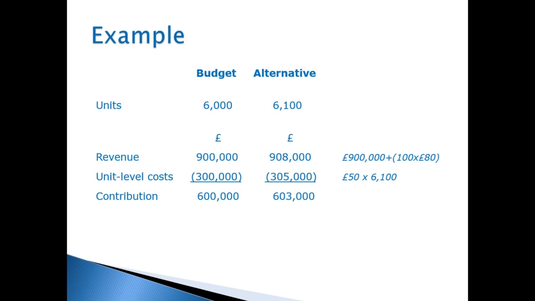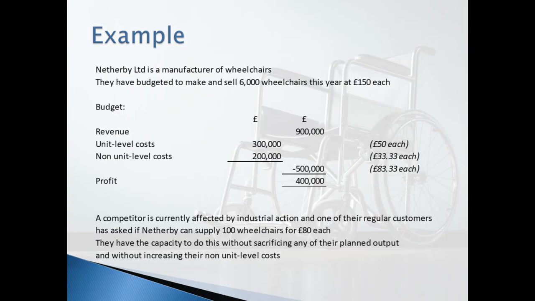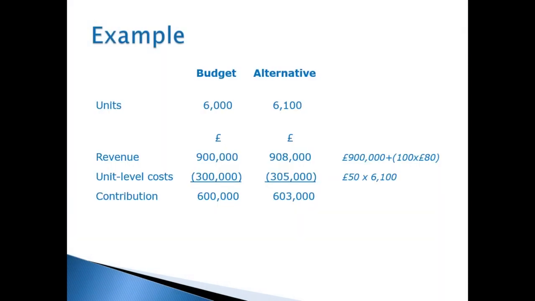We've ignored the non-unit level cost, but the revenue is going to go up by the extra amount they're paying, and we've got to buy some extra unit level costs, which were £50 each. I think that was apparent in the original budget. The original budget was 6,000 units for £300,000, so we knew they were £50 each. So the contribution was 600,000, and it would go up to £603,000.